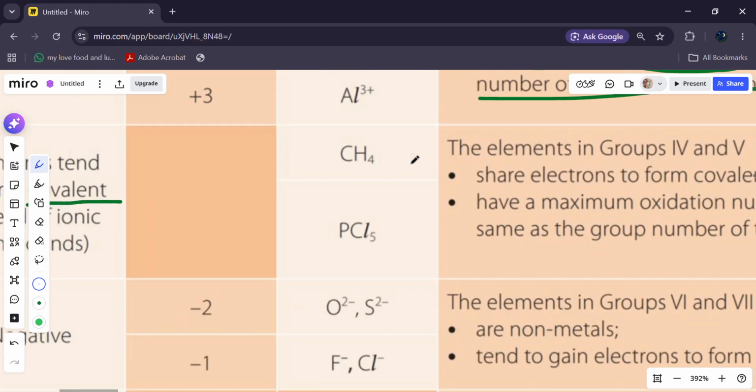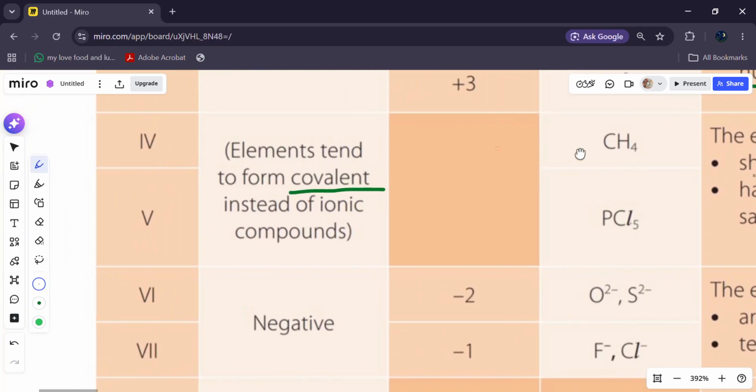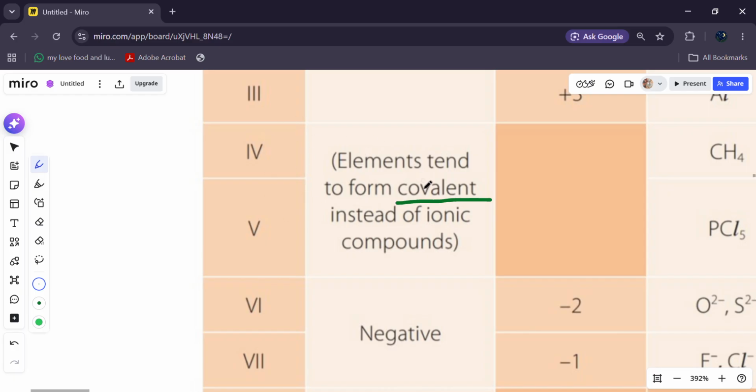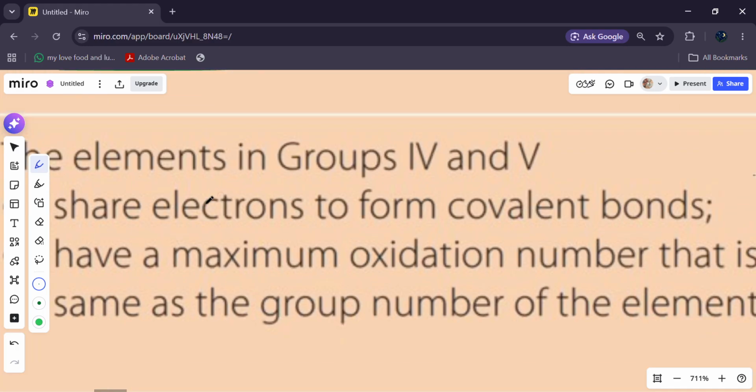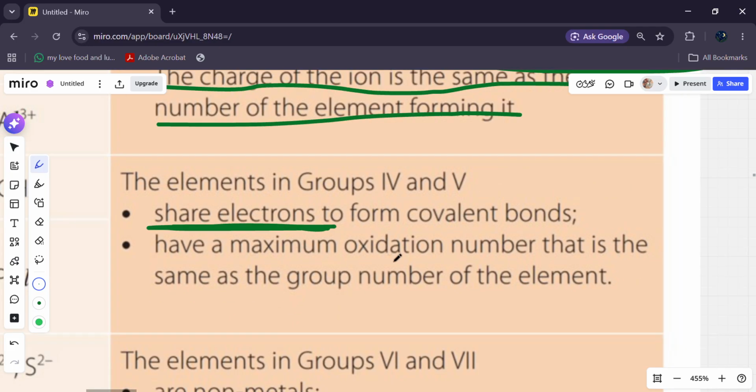Remember, there are different types of bonding: metallic bonding, ionic bonding, and covalent bonding. Elements in groups 4 and 5 don't give or take electrons. They share the electrons to form covalent bonding, and they have a maximum oxidation number that is the same as the group number of the element.